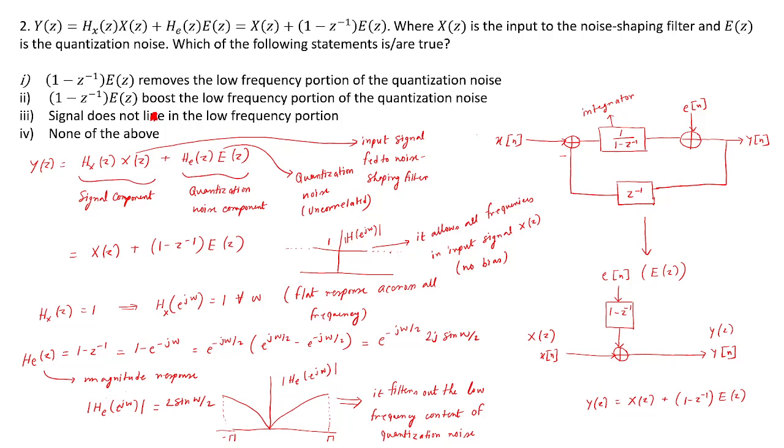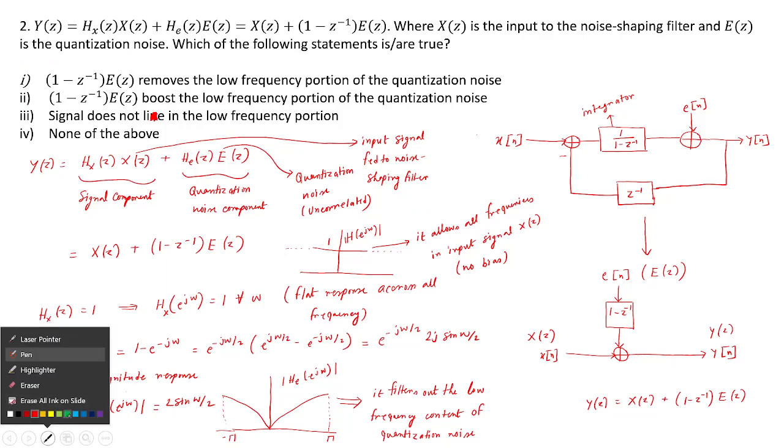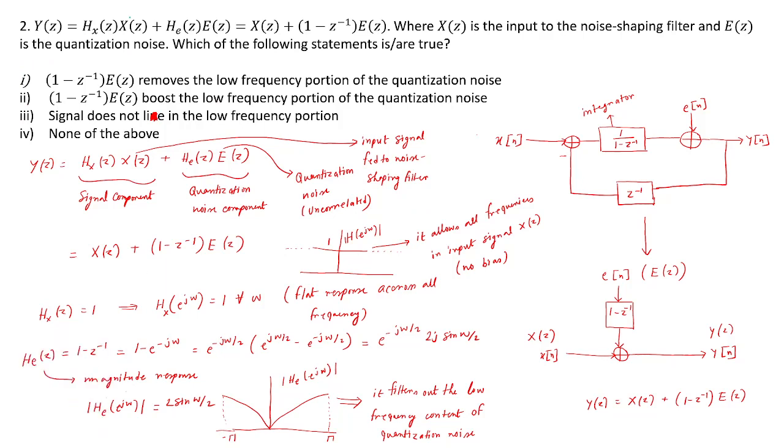It doesn't cut off or filter out the low frequency portion. So the signal does lie in the low frequency portion. So this is true. So what we are seeing is that the first term is true, the second is false, and the third term is also true.